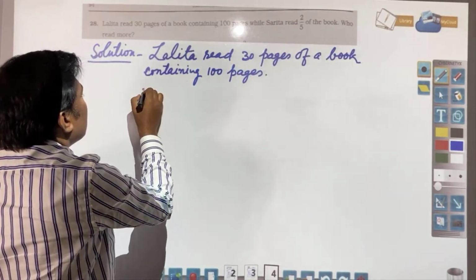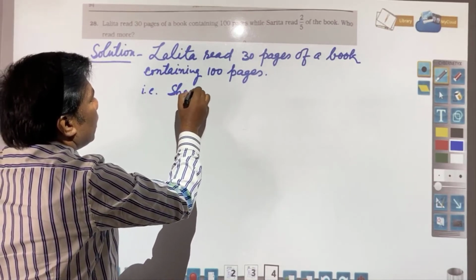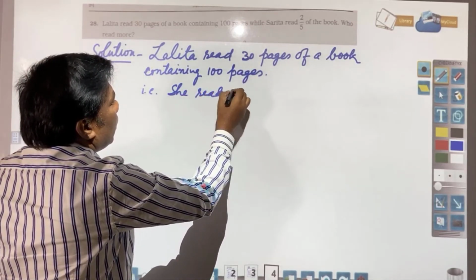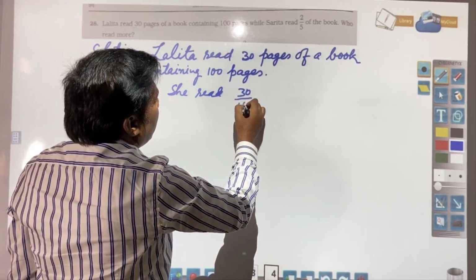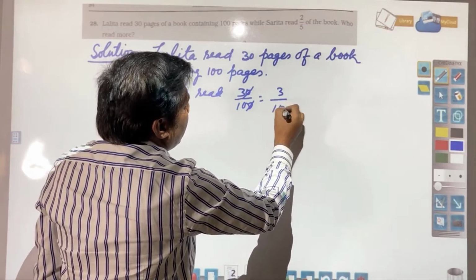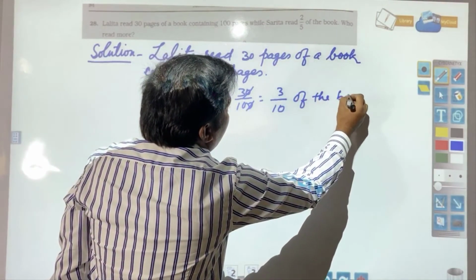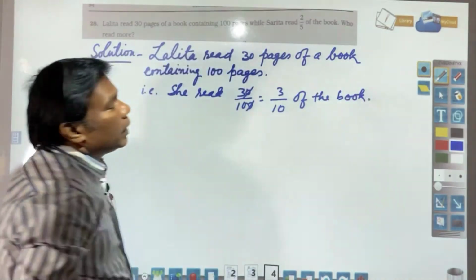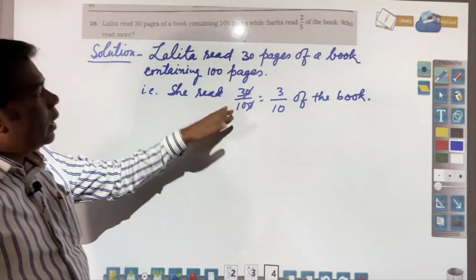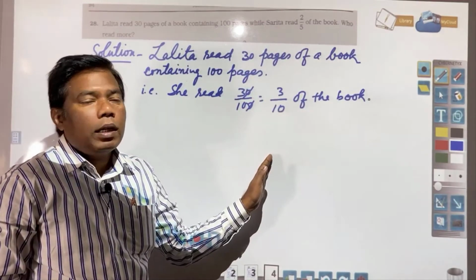What does it mean? She read 30 by 100. It means 3 by 10 of the book. 30 pages she read, which is 30 by 100, as the total number of pages was 100. So 3 by 10 of the book she read.